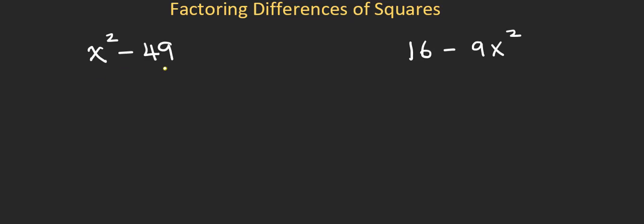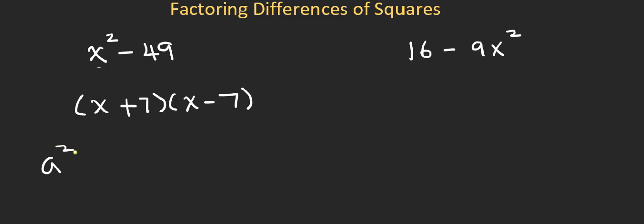We have x squared minus 49. These two are differences of squares. And what is the square root of x squared? It's x. And what's the square root of 49? 7. So it's going to be x plus 7 times x minus 7.